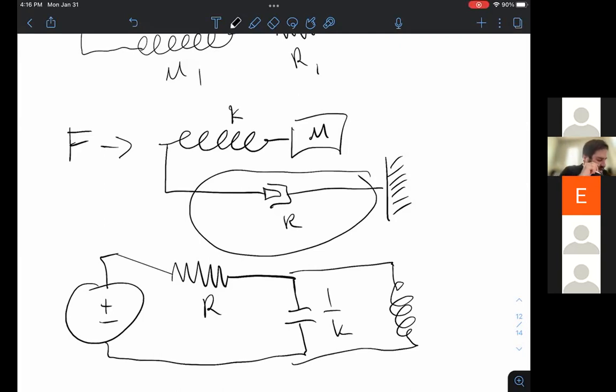So in this case, if the R goes to infinity, then K and M can't move. If M goes to infinity, then there's still current. So if we cross this out, current can still get to those other two, right? They're all good, we just said that.